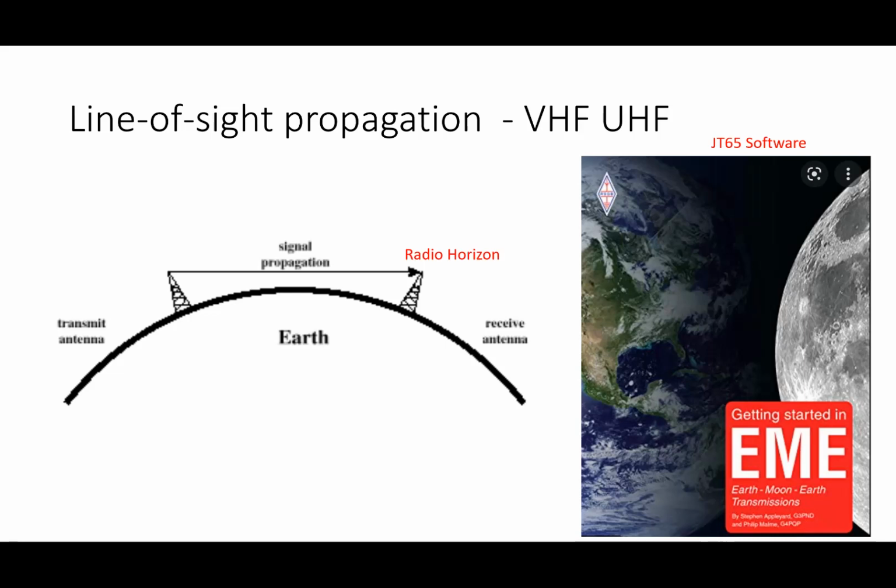And he developed a software suite that lets you recover incredibly weak signals. And so the fact that VHF is line of sight is just fine if the moon is in your sight. And so this is Earth, Moon, Earth, or moon bounce communication. And I'll talk about that a little later.